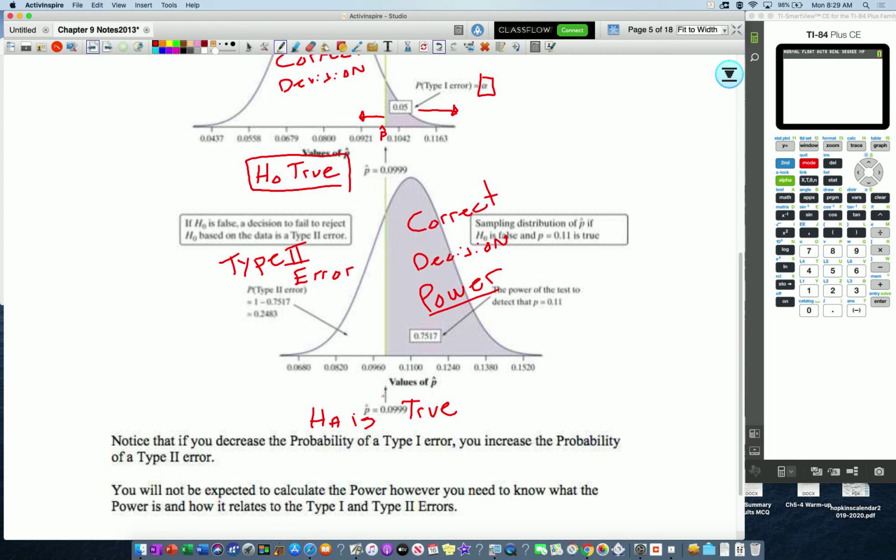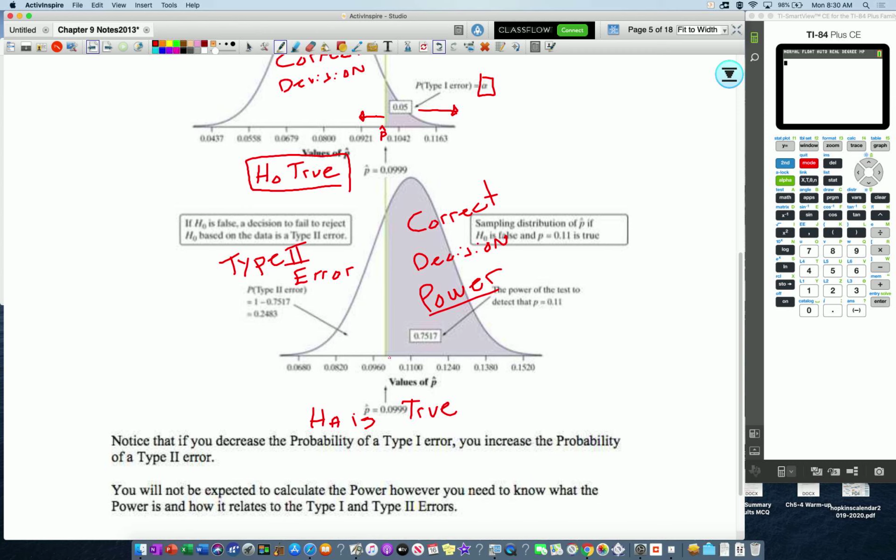The type 2 error right here is when you fail to reject the null hypothesis when the alternative is actually true. So what you can see here is as the power gets bigger, your type 2 error gets smaller. But at the same time, as your power gets bigger, see how this line is connected? Your type 1 error gets bigger.